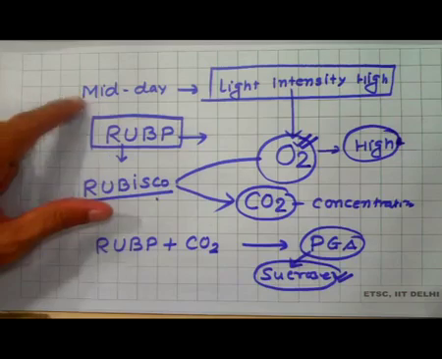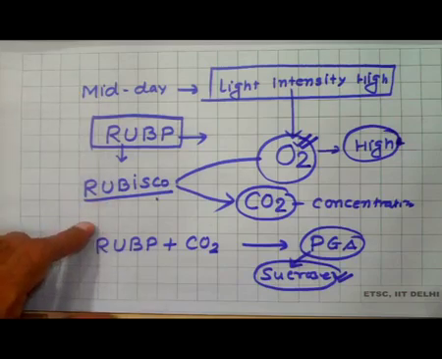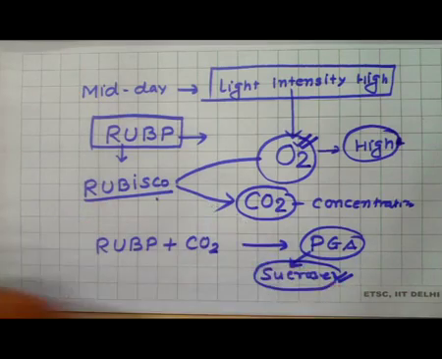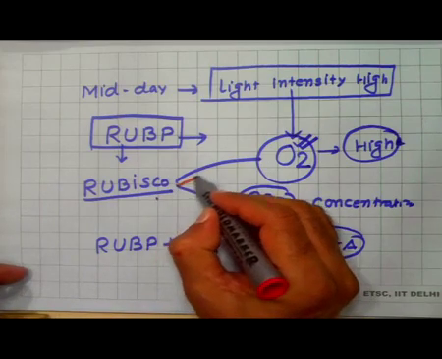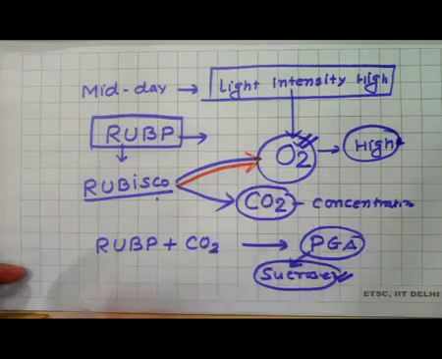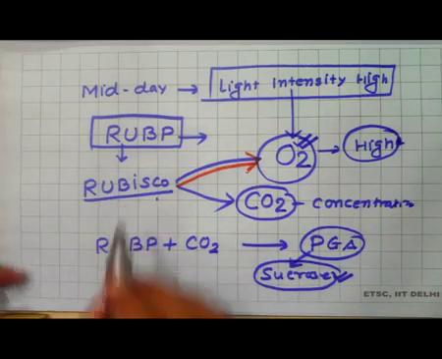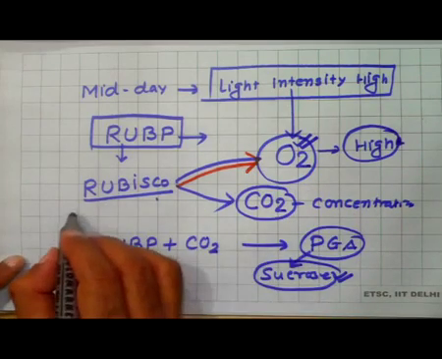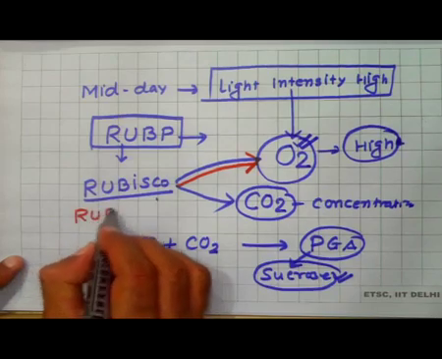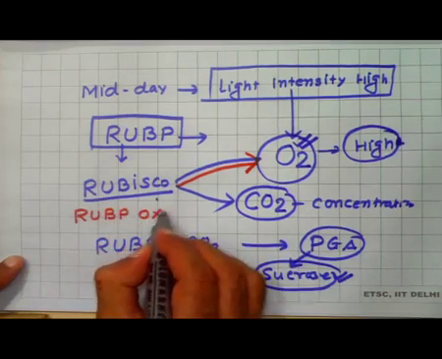But during this time Rubisco has a double role: it does not accept carbon dioxide and instead combines with oxygen. So the name has been changed to RUBP oxygenase.